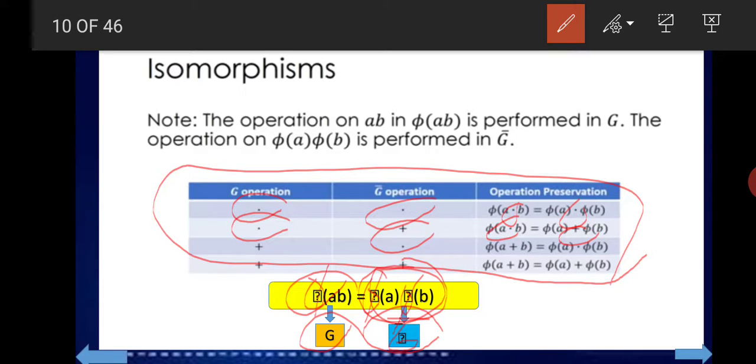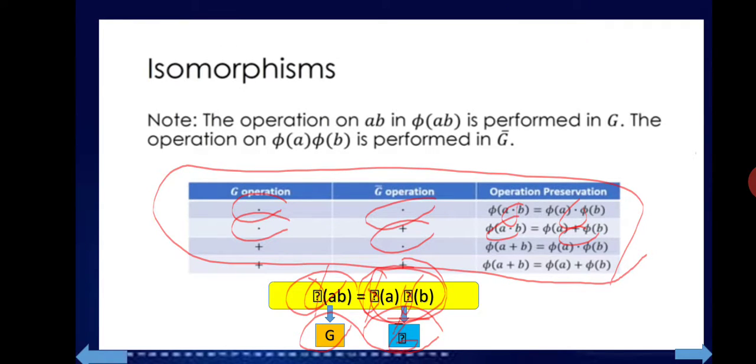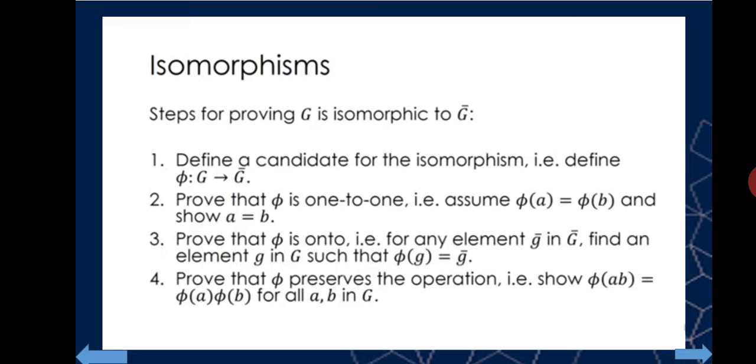Next, these are the steps in proving that two groups are isomorphic. Say for instance, we have group G that is isomorphic to G bar. Number 1, define a candidate for the isomorphism, defined by phi from G to G bar.